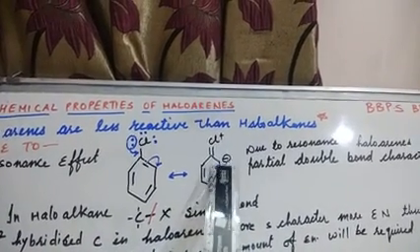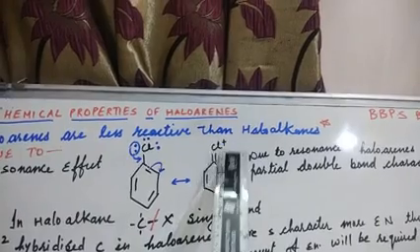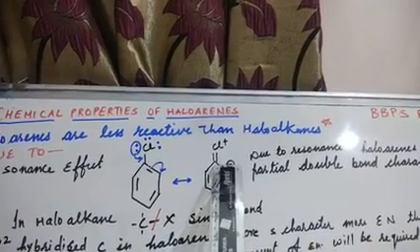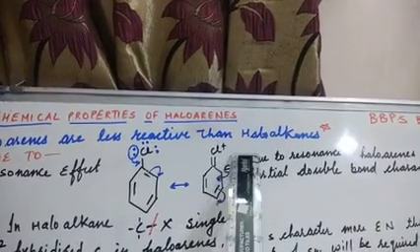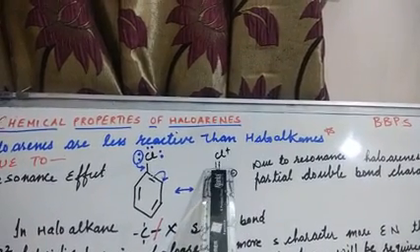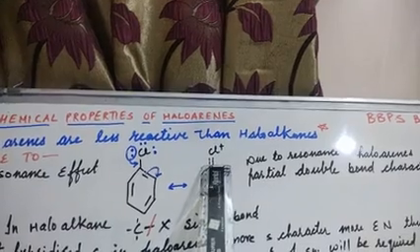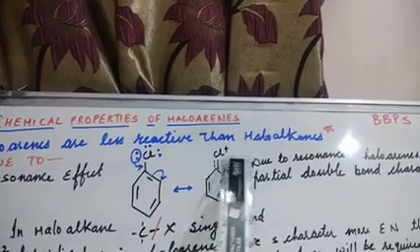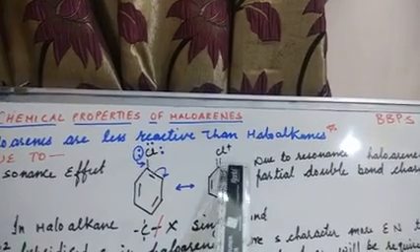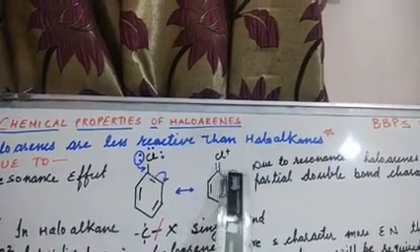And due to resonance, what is happening in between X and this benzene? Partial double bond is developing, and thus this cleavage becomes difficult. For the reactivity of haloarenes, this cleavage is required. And if it is not getting cleaved, that means reactivity is less.